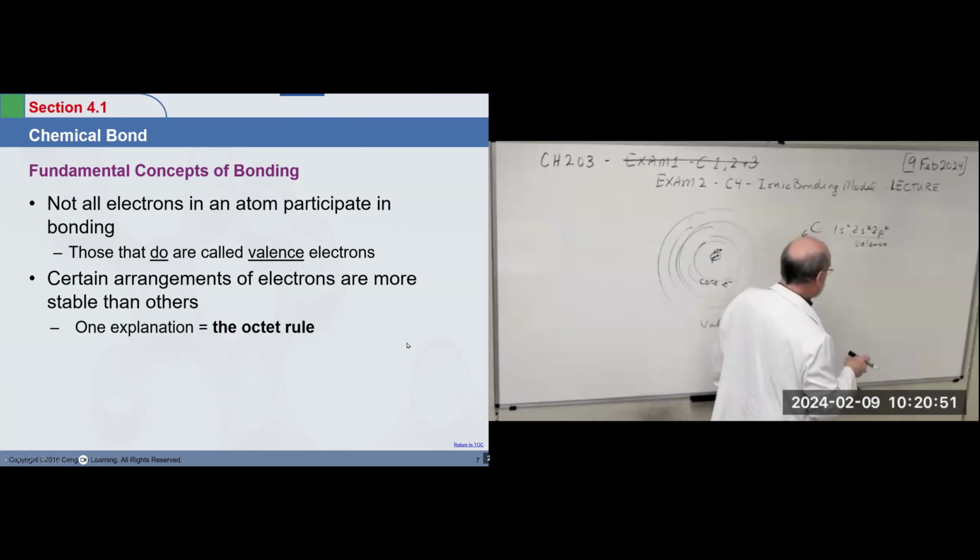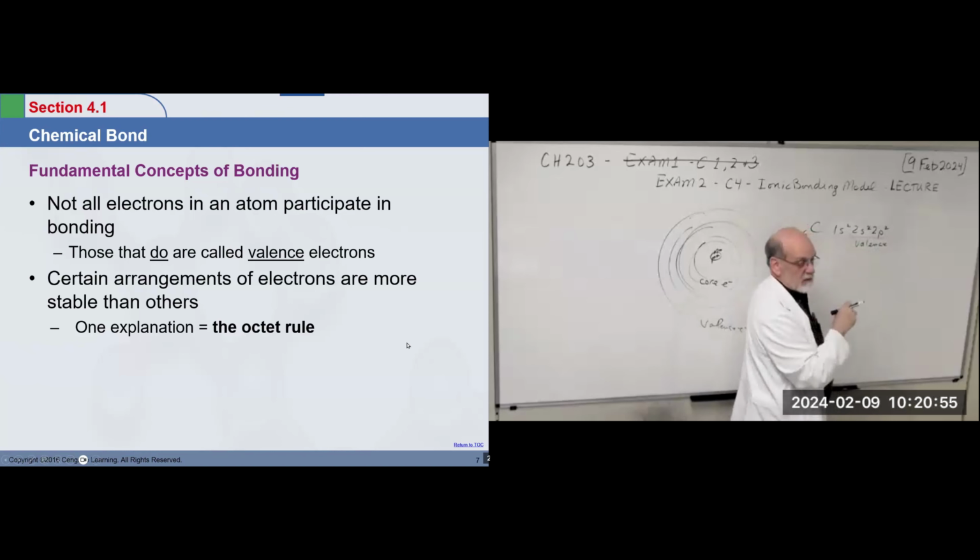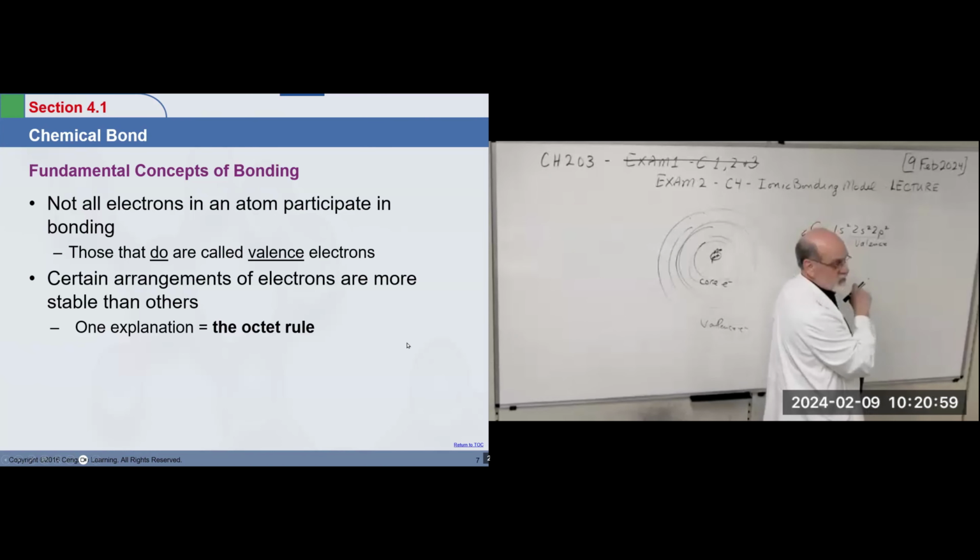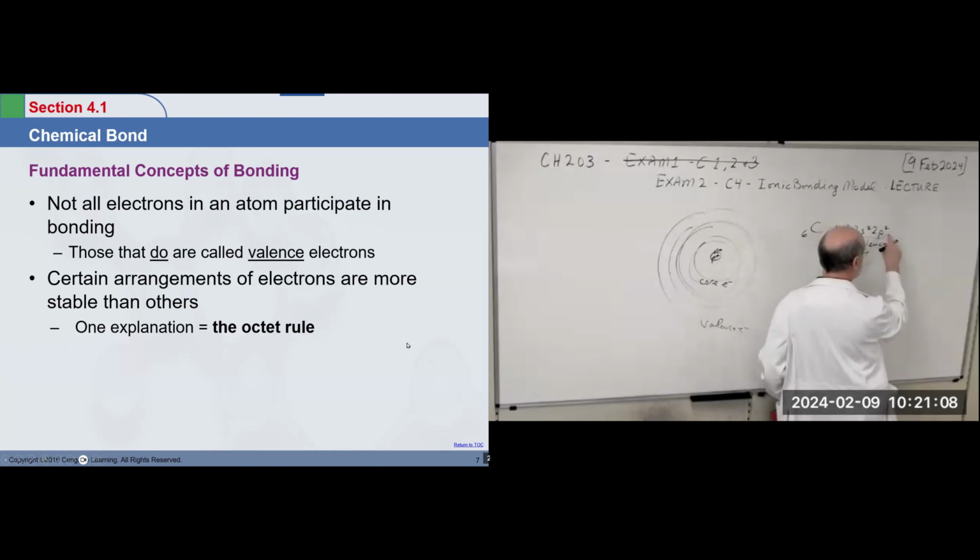Now, how would we complete those orbitals? S's have 2 electrons. It's already full. P's can have how many? 6, yeah. So we could put 4 more in here, couldn't we? We have room for 4 electrons.